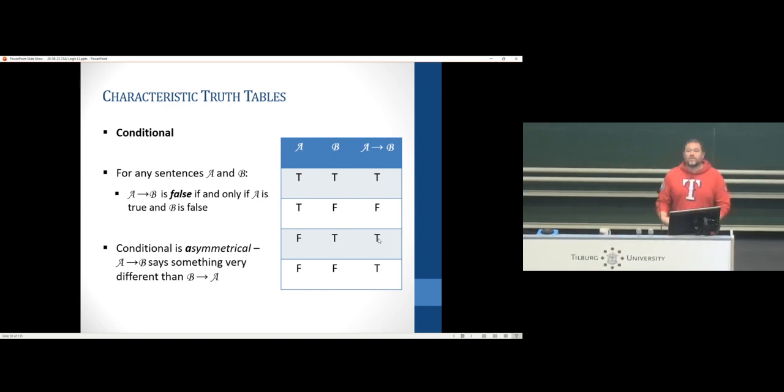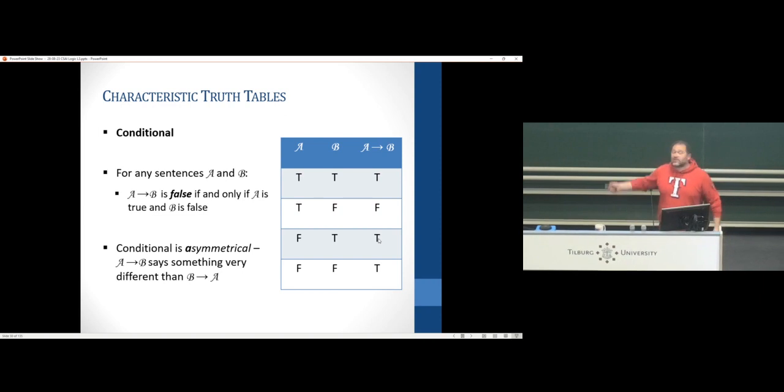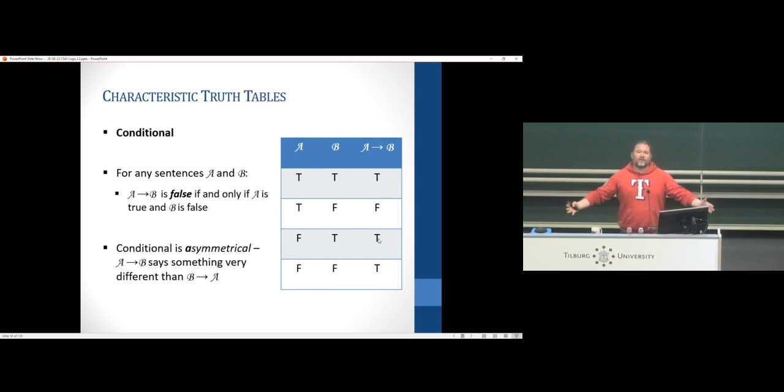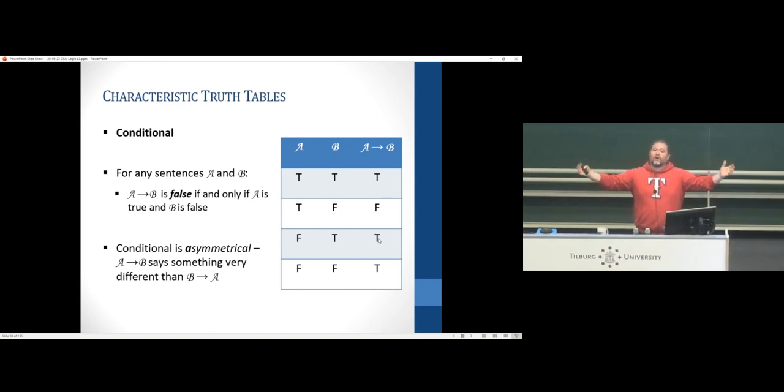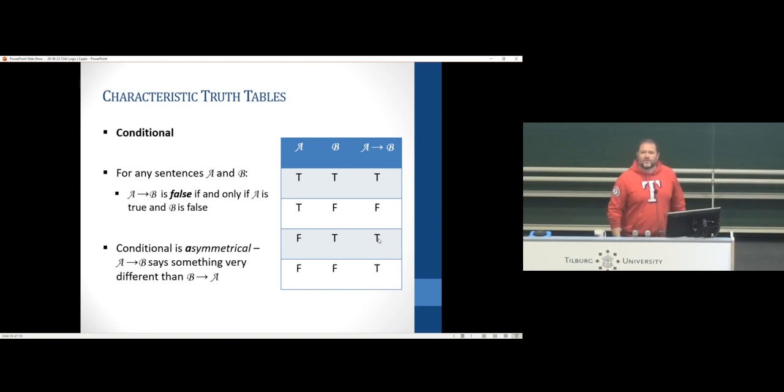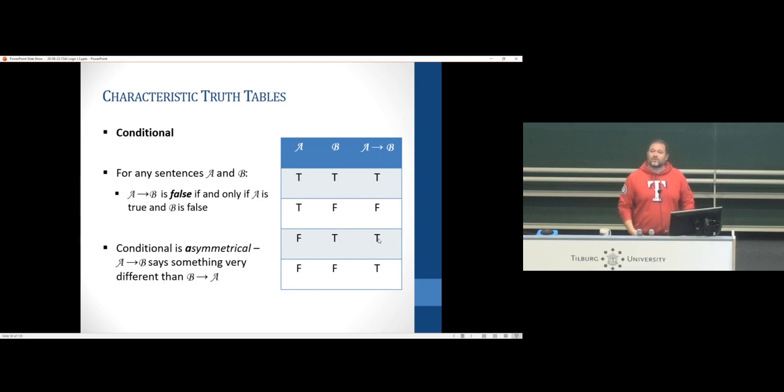So the next step is to use these basic characteristic tables to start doing complete truth tables. That is where we're going to take full-blown complex TFL sentences and generate tables for them. To do that, we're going to use these characteristic tables. Again, it's easier if you see examples rather than just the general idea.